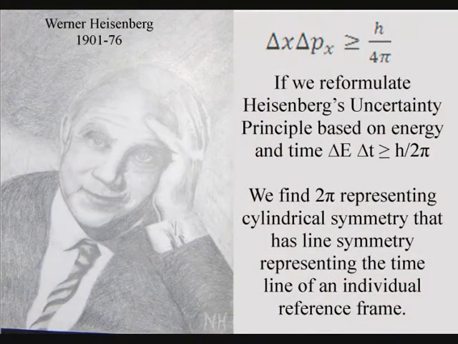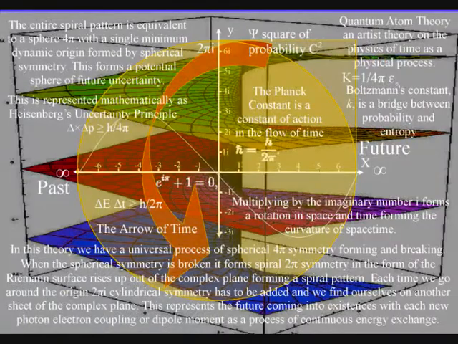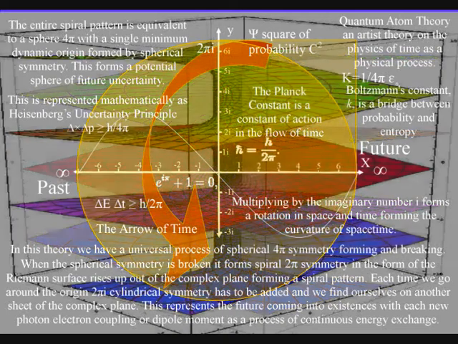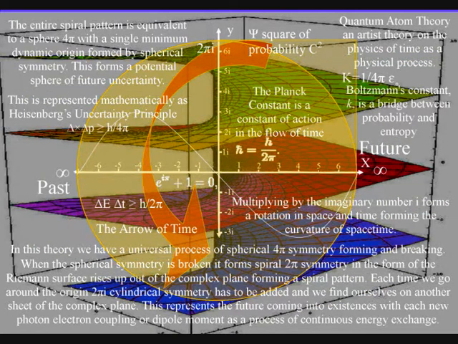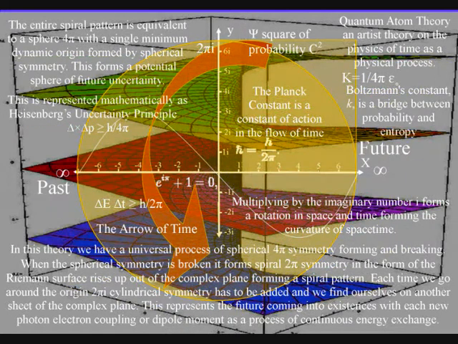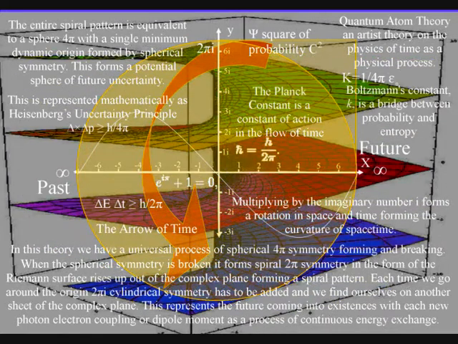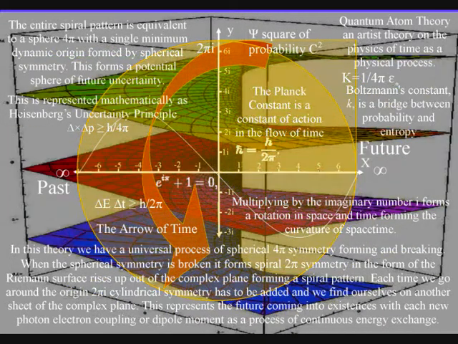In the equation for Heisenberg's uncertainty principle, we find not just energy and time, but also we find 2π, representing cylindrical symmetry. Each rotation of the complex plane forms a new Riemann surface as the future unfolds, photon by photon.